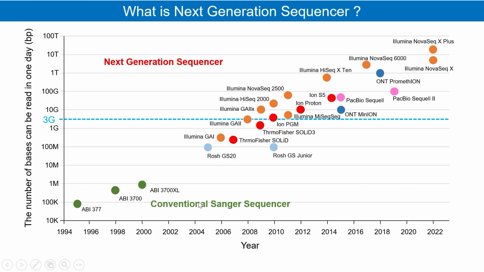There are several companies selling several machines of next generation sequencers. And as you can see, the total amount of DNA sequence that can be read is increasing 10-fold every 2 years.